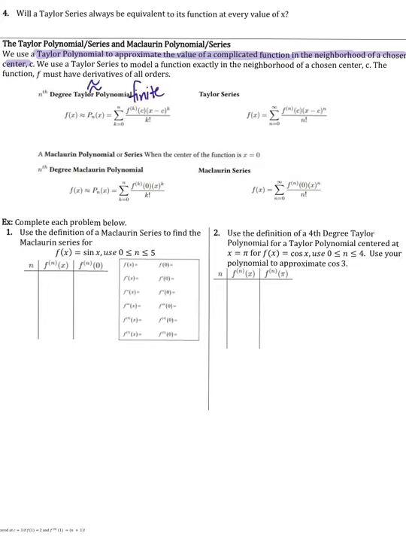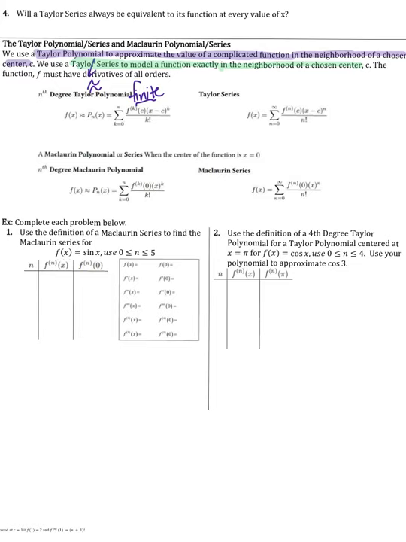The really distinct and most important difference between a Taylor polynomial and a Taylor series is that a Taylor polynomial is finite, and because it is finite, it is an approximation of the value. So we could approximate cosine or sine or e to some value using a certain degree Taylor polynomial. As opposed to a Taylor series, where the word series means, in calculus, an infinite series. We use a Taylor series to model a function exactly in the neighborhood of that chosen center.